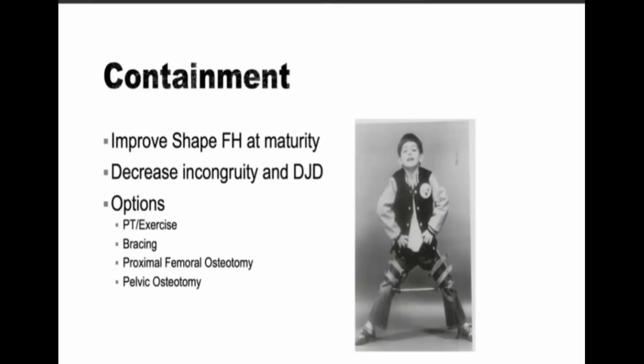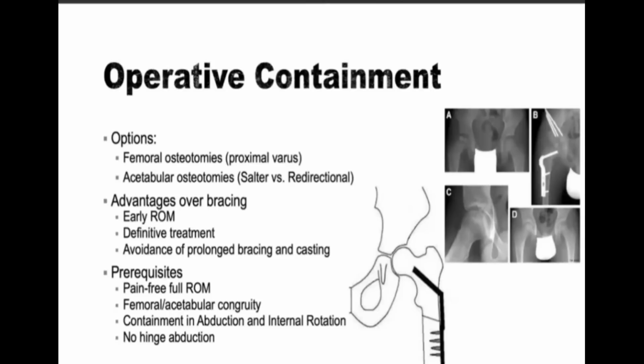So the options for that, again, as we mentioned, are PT and exercises, bracing, and then whether or not you add in osteotomies on the femoral or pelvis side. The options on osteotomies are you can do a proximal varus osteotomy or an acetabular osteotomy, again trying to contain that quote unquote soft femoral head as it goes through the remodeling.